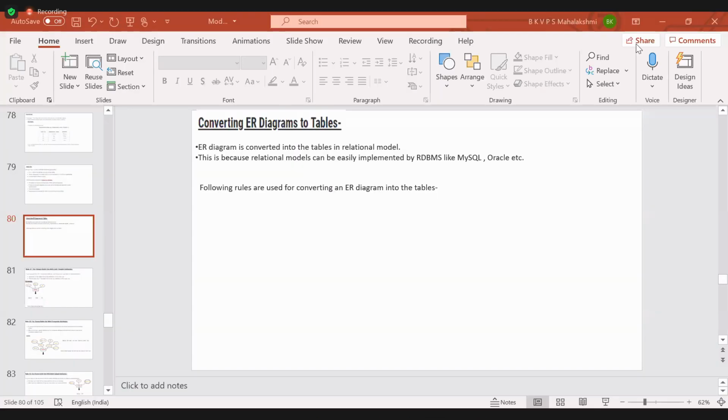So here, today I want to discuss how to convert the ER diagrams into tables. These are the rules. In your ER diagram, if you have drawn like this, you just try to convert it like this. In the slides, you can see how the diagrammatic representation is and how we are going to convert it, so that you just learn.